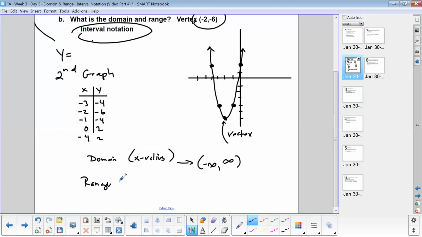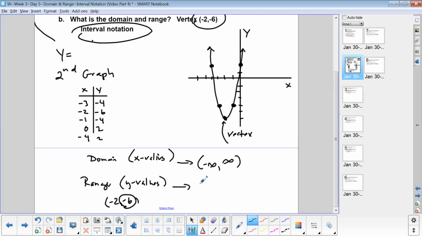The range, however, are the y values. And those are going to be specific because now you're looking up and down on the graph. The domain is left and right on the graph, and the range would be up and down. Notice that the graph goes up forever, but it does have a minimum point, and that minimum point would be the y value in the vertex.